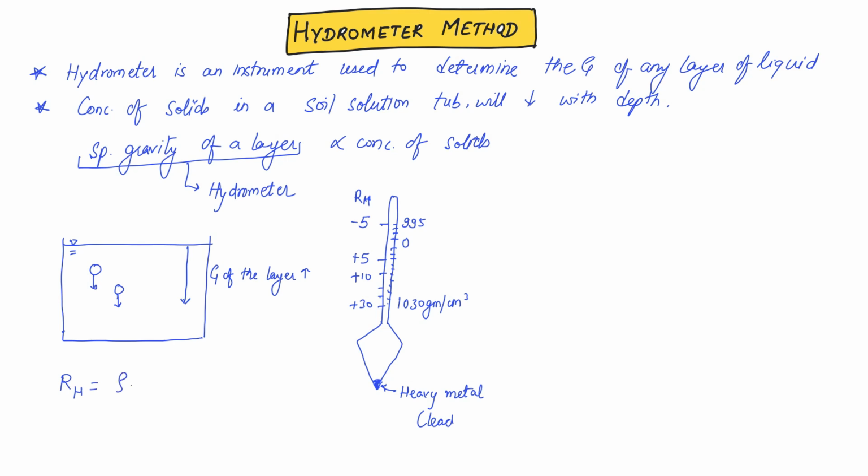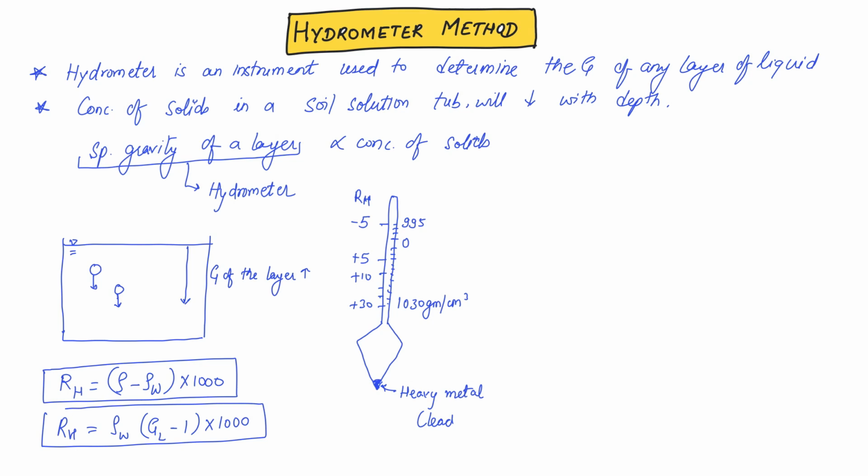It is related as rho minus rho w into 1000, which can also be written as the specific gravity of that particular liquid layer minus 1, into rho of water into 1000. So this is the meaning of the reading of a hydrometer, and that's why I said that the hydrometer is used to determine the specific gravity of any layer of the liquid.